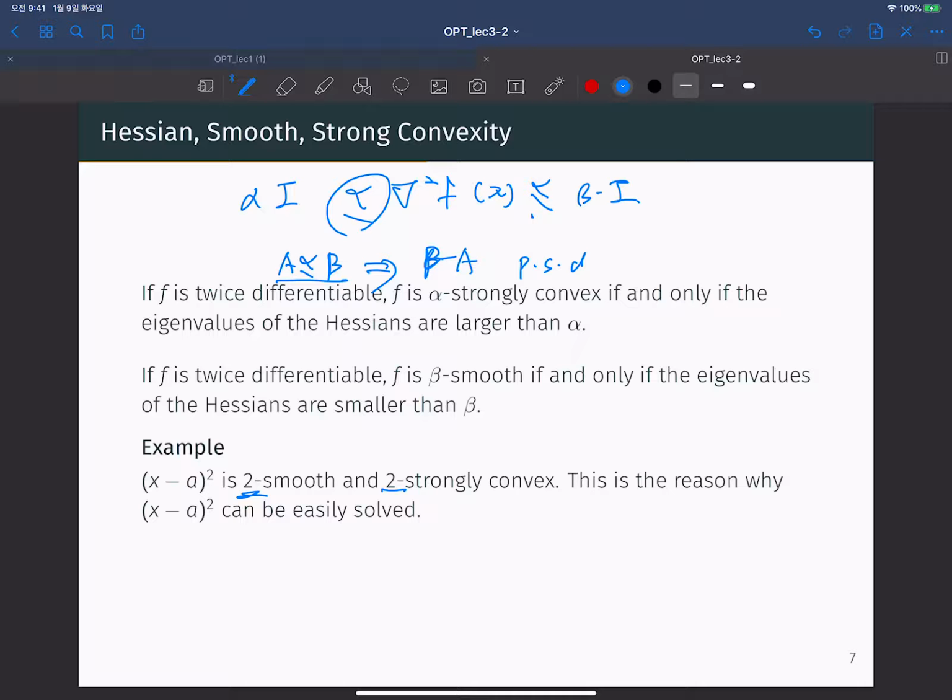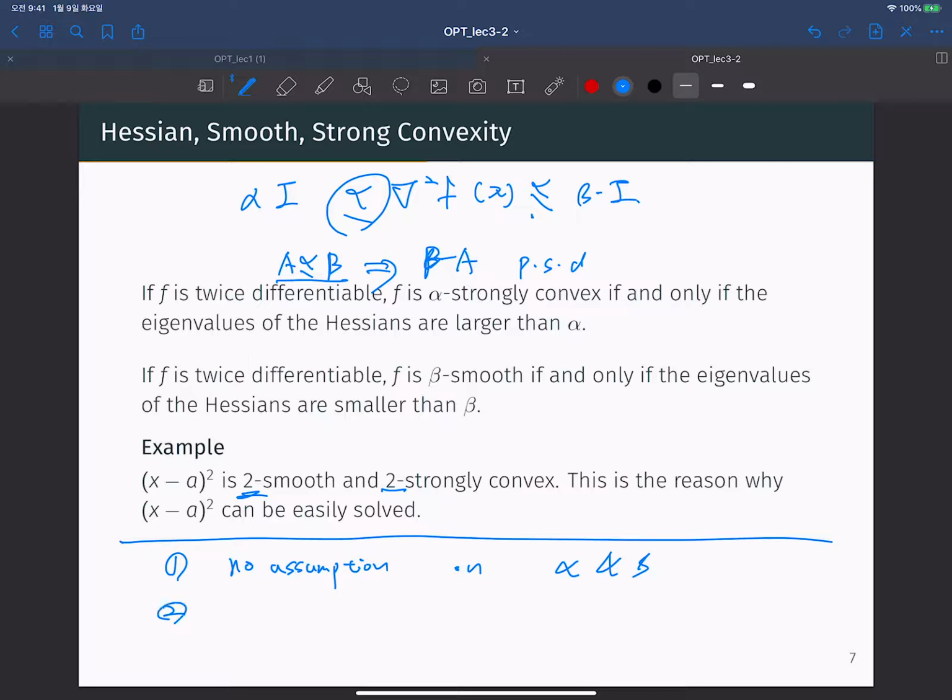Okay, so in the remaining lecture, I will explain the convergence rate of three cases. One is where we have no assumption on alpha and beta. Second, the case where we have the beta smooth property.